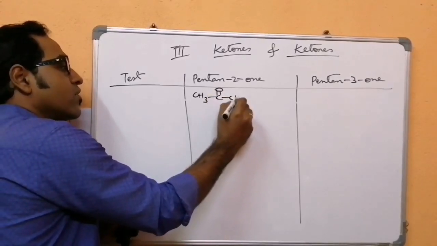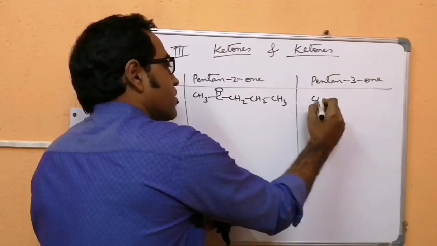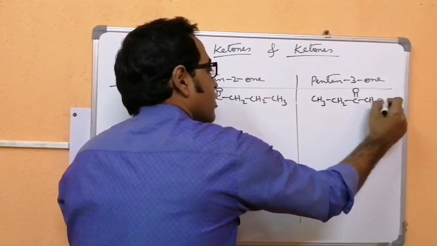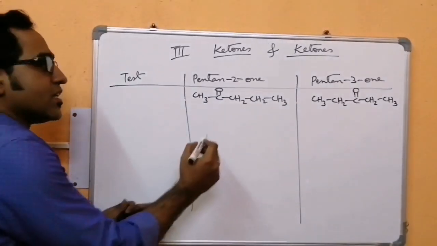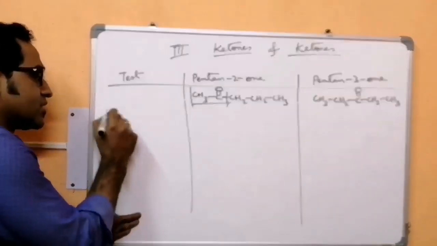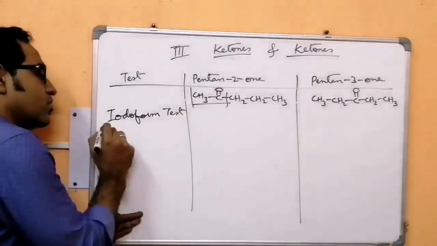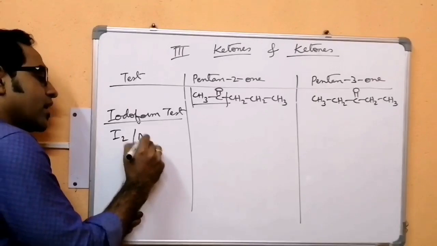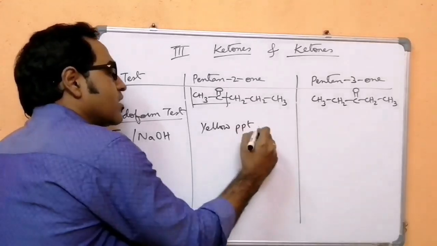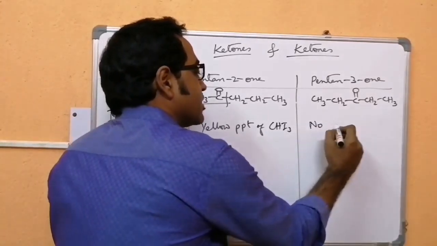Pentan-2-one. Now you can see in pentan-2-one there is a ketomethyl group, and so it will give the iodoform test. Write down the reagent for iodoform, I2/NaOH, the observation, yellow precipitate of CHI3. Here no yellow precipitate.